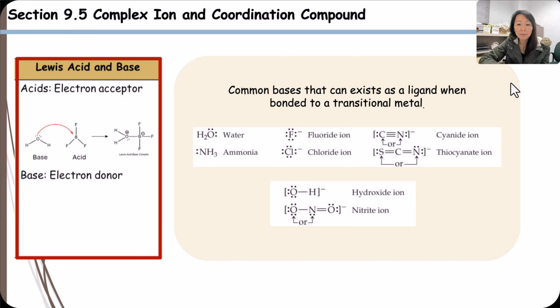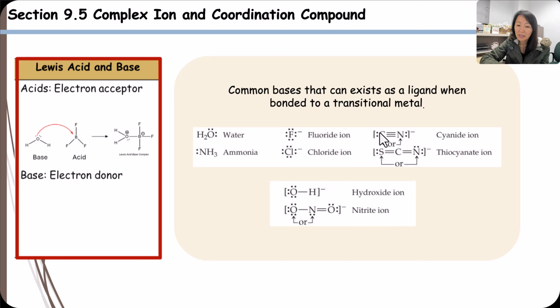Here are some common bases that can exist as a ligand when bonded to a transition metal. We can have water added with chromium. We can have ammonia, which we've seen on the previous slide, fluoride ion, chloride ions, and so on. You see cyanide, thiocyanate, and nitrate. These are also potential ligands, but also note I wrote "or."